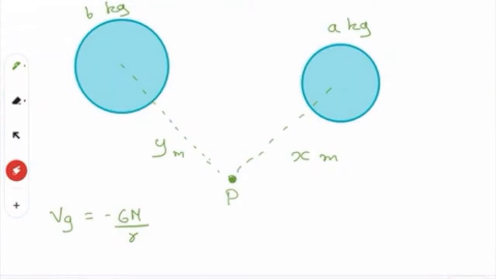Okay, so here we'd be able to understand why the idea that Vg is a scalar quantity is important. So say we have two masses. This weighs A kilograms, this weighs B kilograms, and we've considered an arbitrary point P. The distance from mass A to P is x, distance from mass B to P is y.